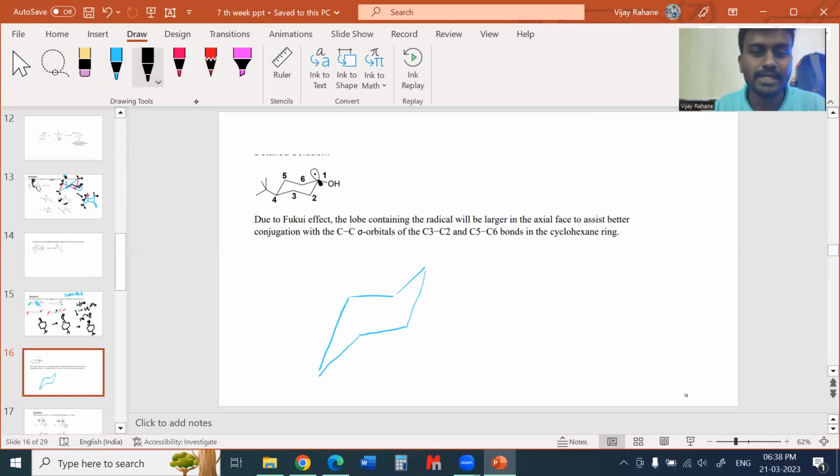See, when the radical is on the axial position, right here, when the radical is here, the anti bond will be here, right? The other bond will be here. So this bond and this bond have a sigma orbital, right?